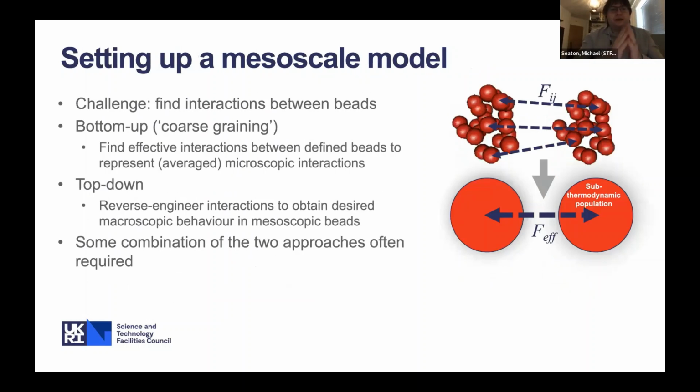But then there's also how we set up our mesoscale model, and the biggest challenge here is to find the interactions between the beads that we're modeling. There are two approaches.